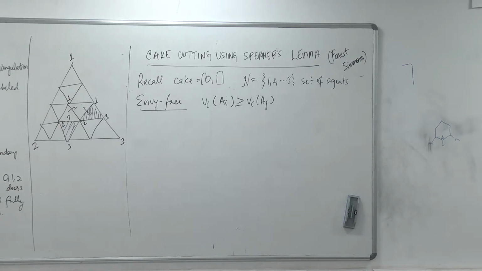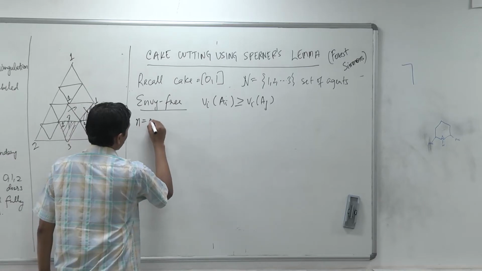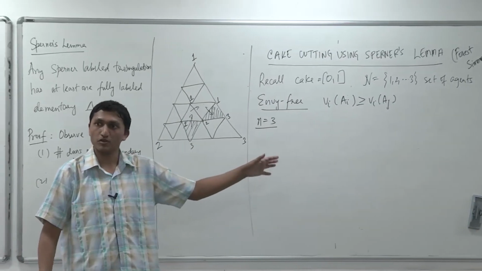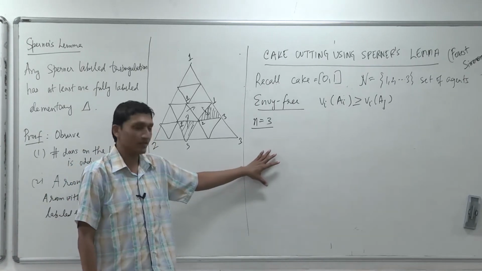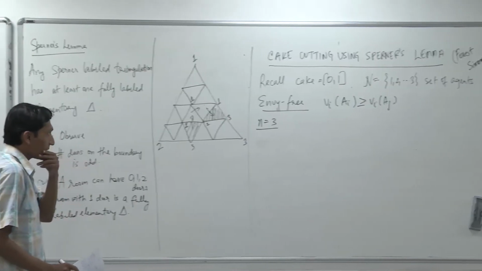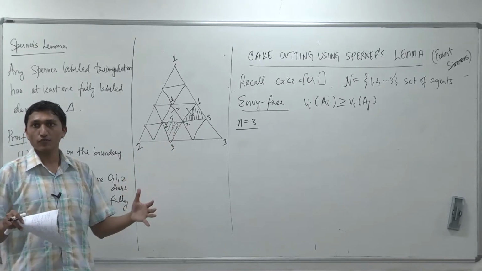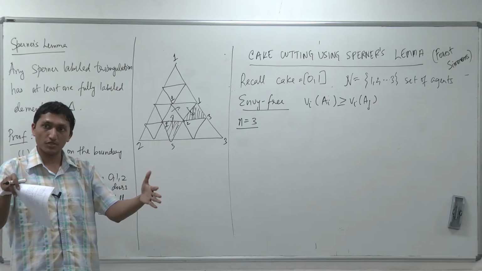So let's start with the simple case of only 3 players. And whatever I say generalizes to any number of players, but I don't want to complicate things. I think the three agents case is sufficiently interesting. Let's try to look at the geometry of all the cuts, all the connected divisions among 3 players.